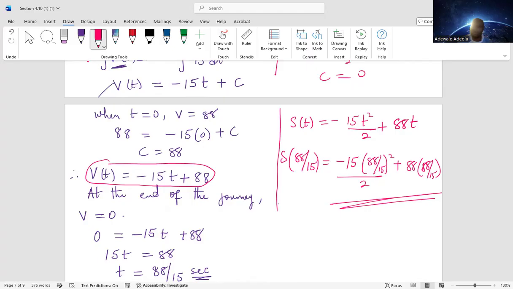But if you have something easy to work with, suppose instead of 88 we have, let's say, 90 over 15, you can simplify that easily because that would be 6. You can square that and so on. But something important is the unit. Since it is distance, the unit is feet.